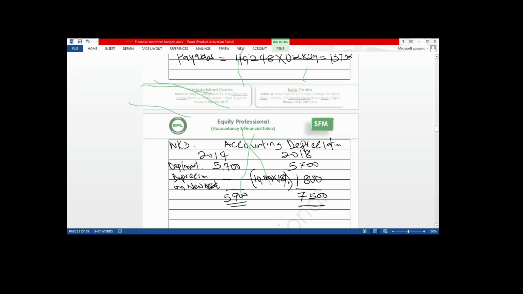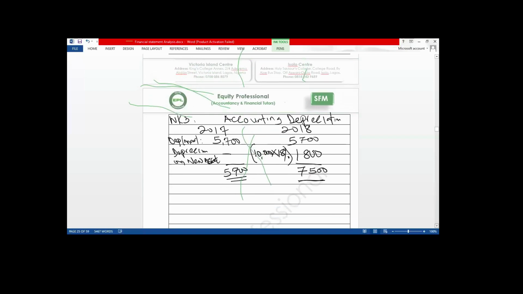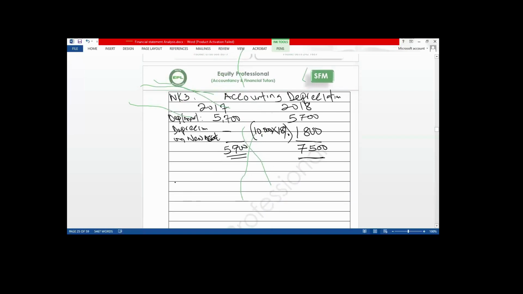Before then, we can also do working four. Depreciation will affect both your income statement and your balance sheet statement.